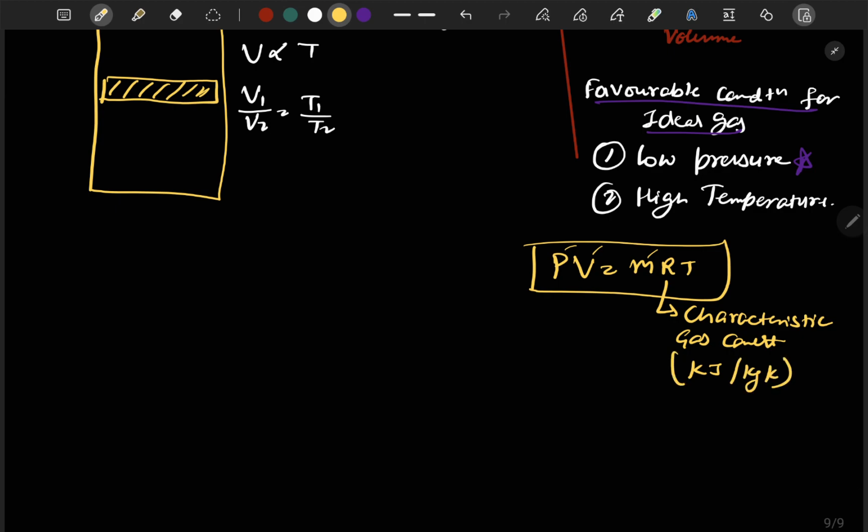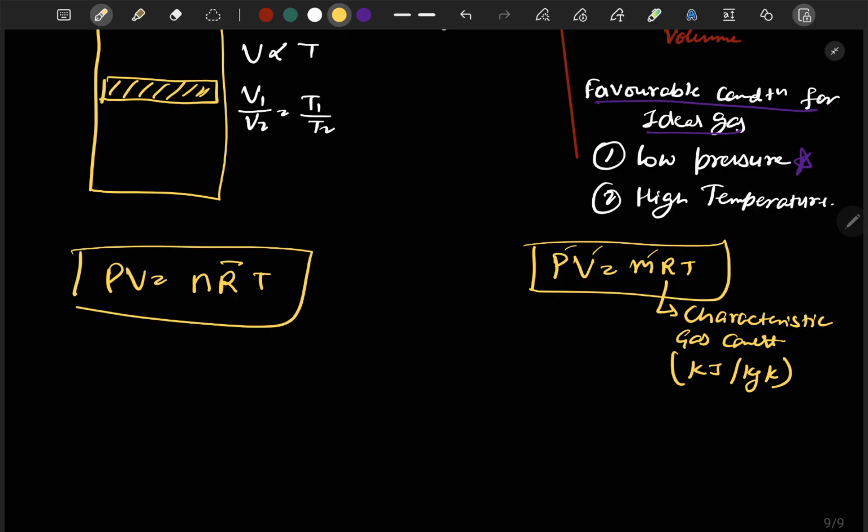In another way we can write PV = n R bar T, where n is the number of moles and R bar is the universal gas constant, whose value is 8.314 kilojoule per kilomole Kelvin.